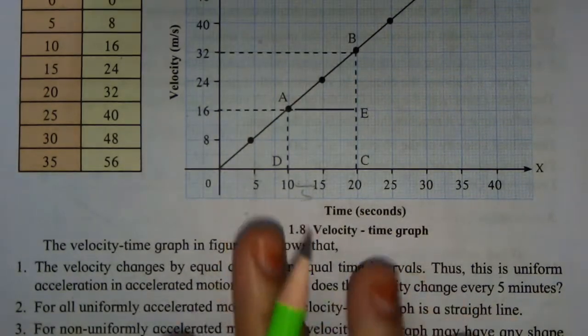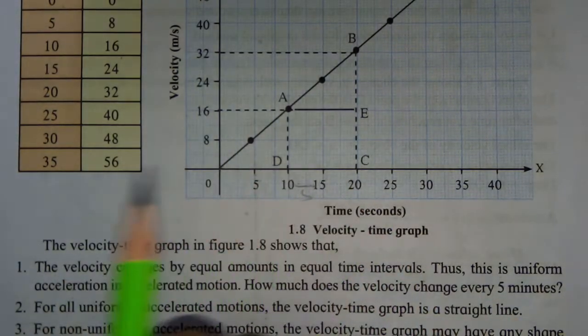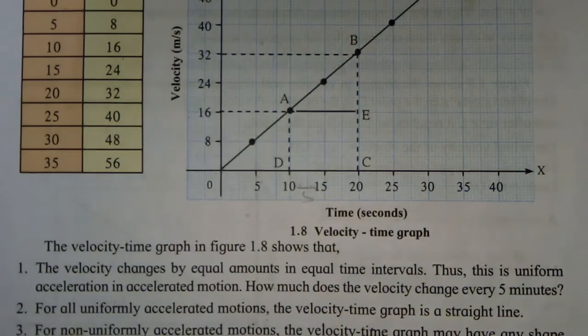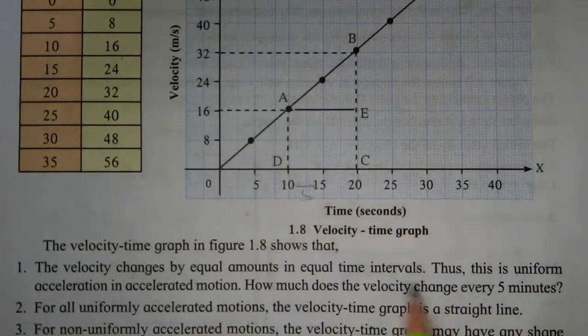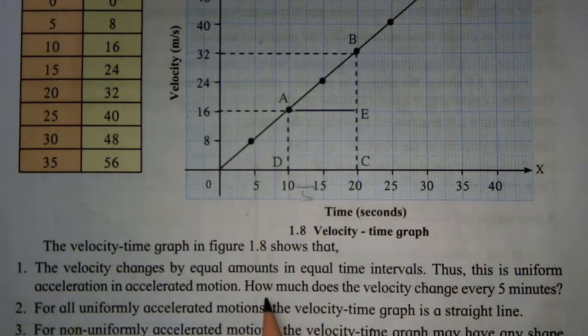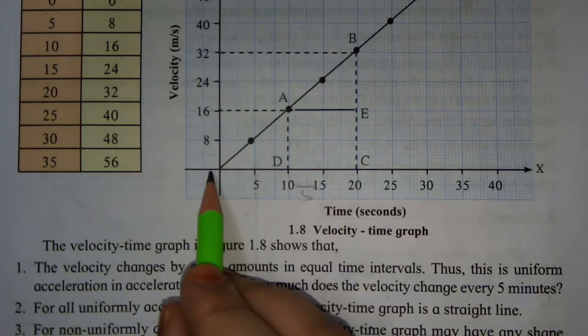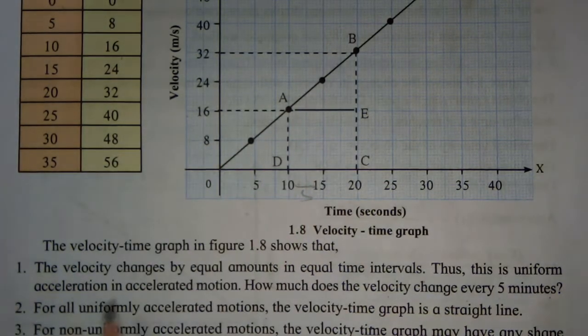In each 5 seconds the velocity increases by a constant amount: 8, 16, 24. So how much does the velocity change every 5 seconds? In every 5 seconds the velocity changes by 8 meters per second.